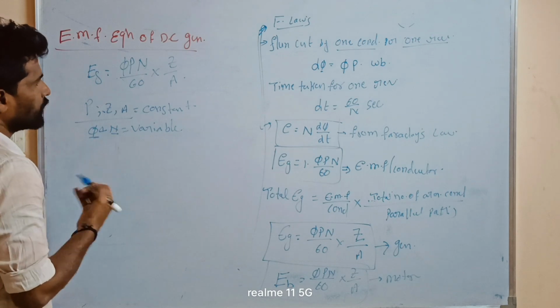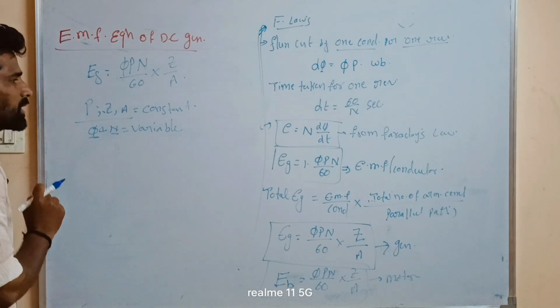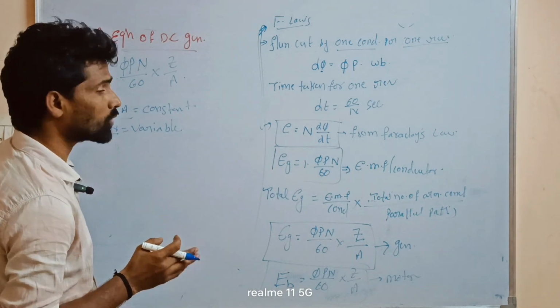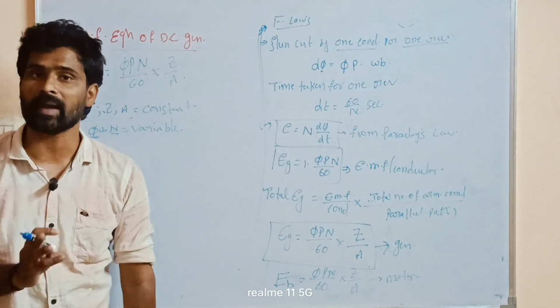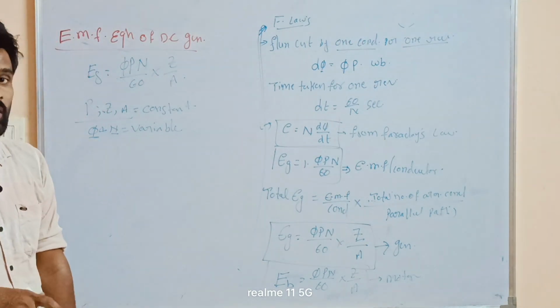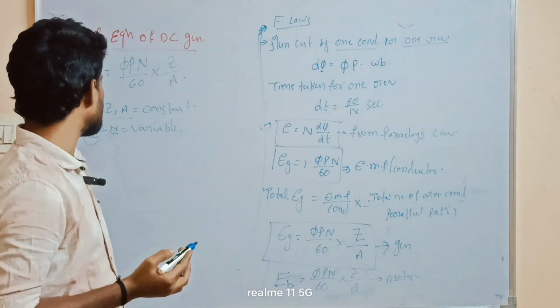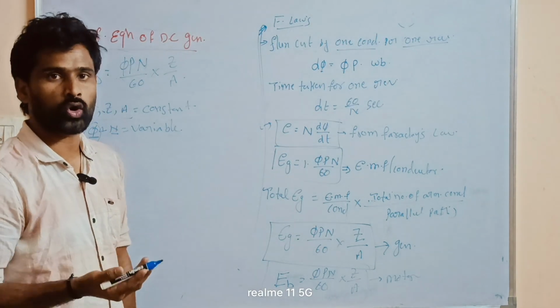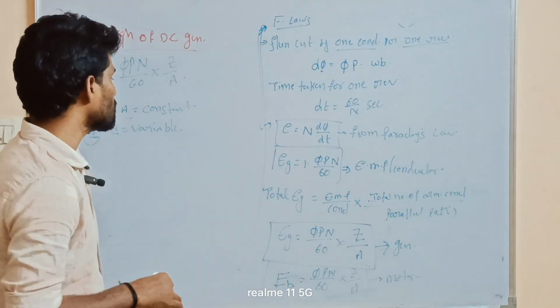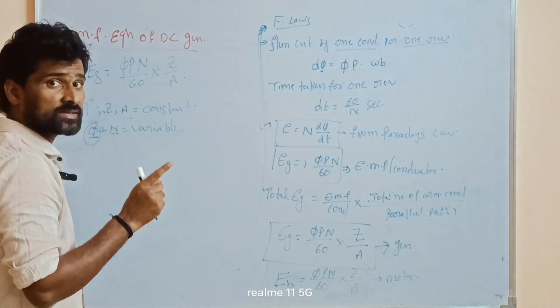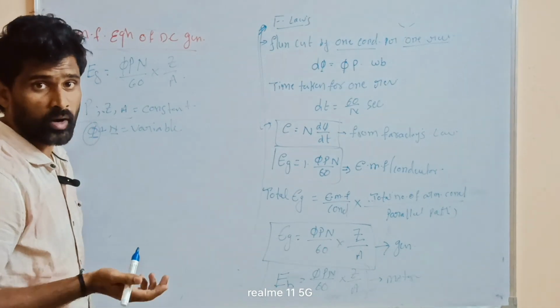Again, flux. We already discussed armature reaction. With armature reaction, there is a magnetizing effect and a demagnetizing effect, and in that case the flux changes. For example, at no load condition, the MNA is always in line with the interpolar axis.